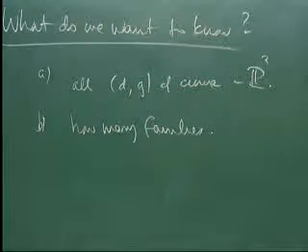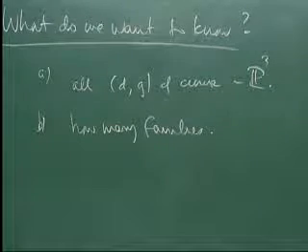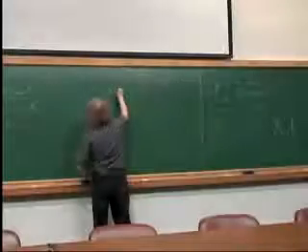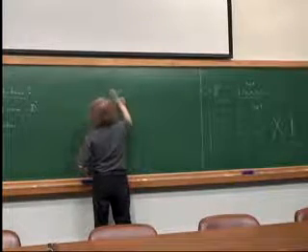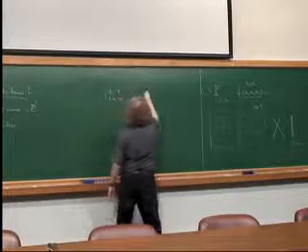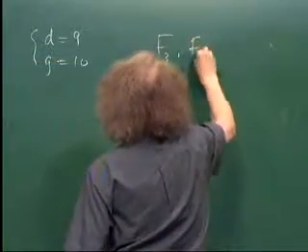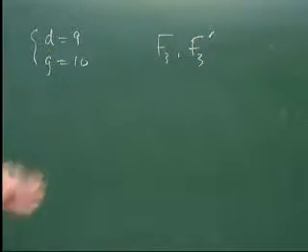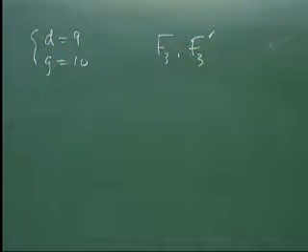The first example, for non-singular curves, where it's not irreducible is degree 9 and genus 10. And in this case, there are two families. One family is a complete intersection of two cubic surfaces, F3 and F3 prime. You intersect two cubic surfaces, generally you get something of degree 9, and it happens to have genus 10.